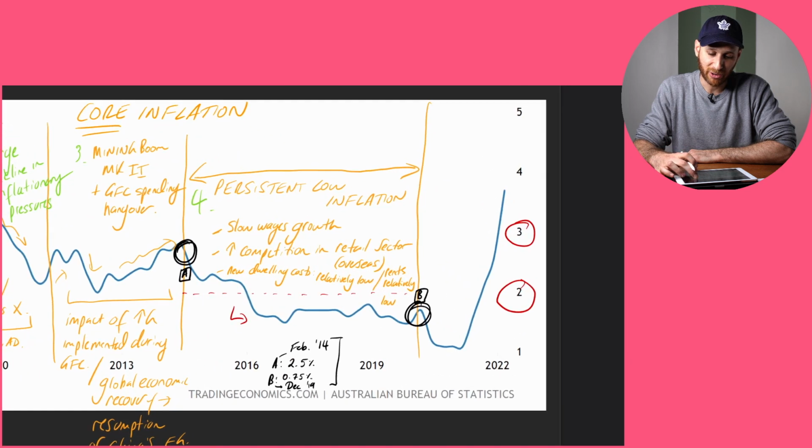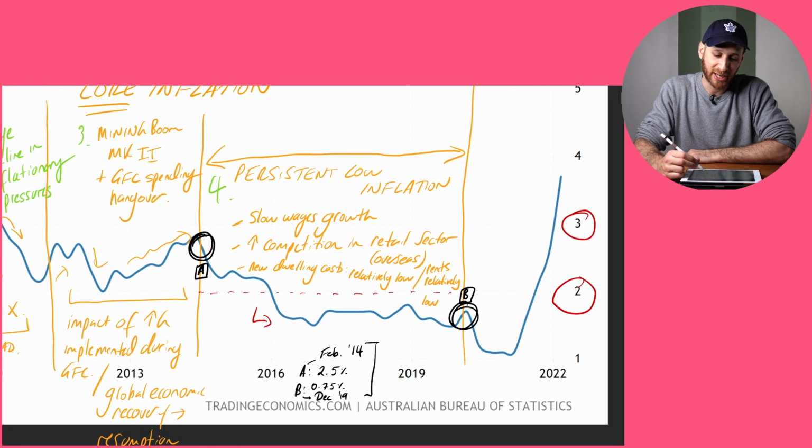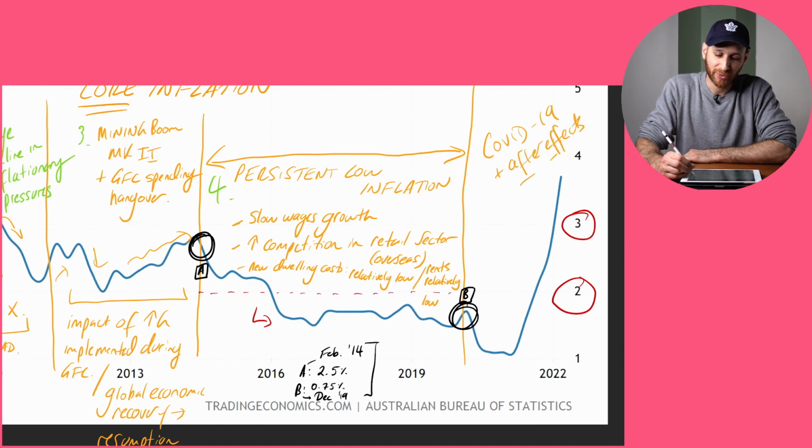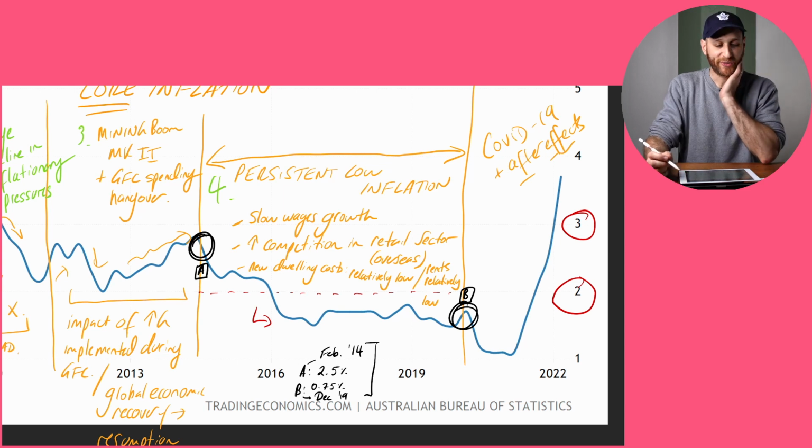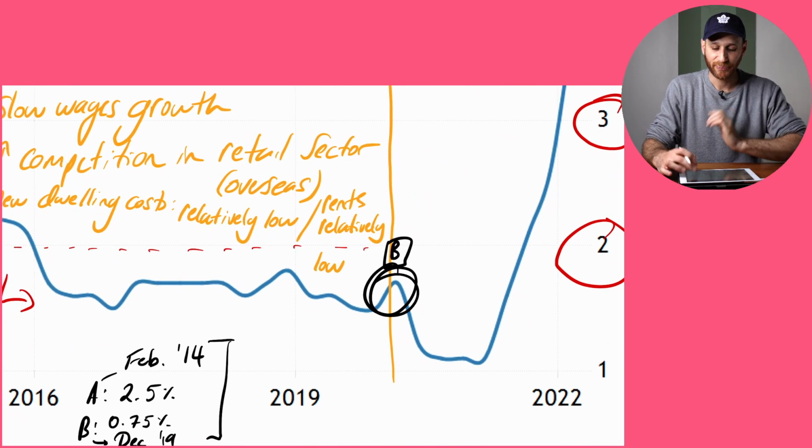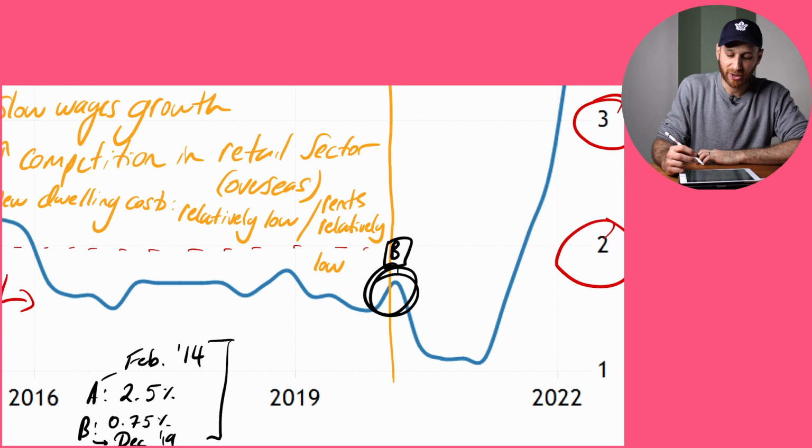So here, no prizes for guessing what this part is. This is COVID-19, plus the after effects. What we can see is that when COVID hits, we have this period of low inflation here.